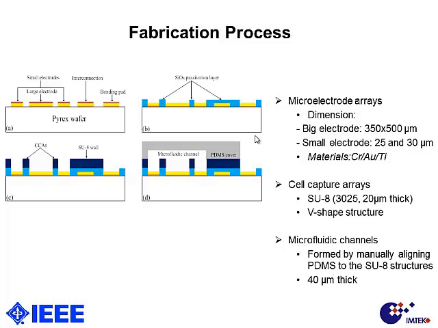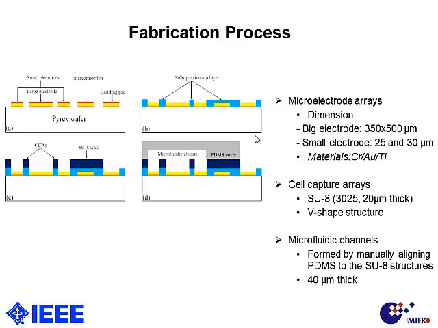In the last part, we manually align the PDMS cover to produce the microchannel. These are the parameters for the big electrode and small electrode, the adhesive structure, the cell capture structure, and the microfluidics. The thickness of the microchannel is 40 micrometers.